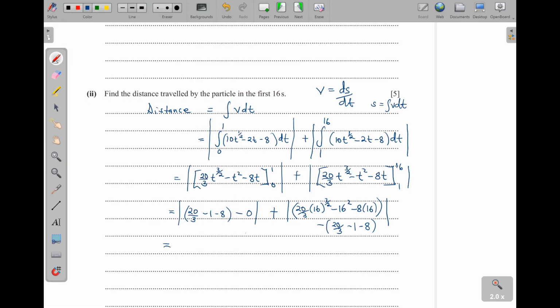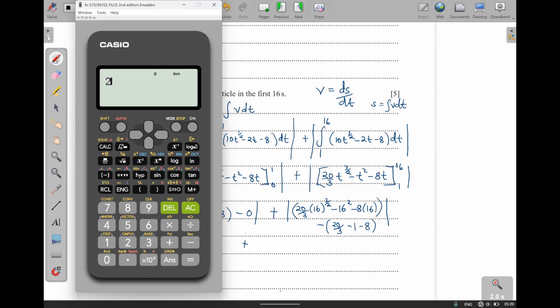So minus 9, this one gives us negative 7 over 3. So you see that here we have a negative, but when we put it in modulus, it is going to give us a positive value. 20 over 3, then times 16 power 1.5, then minus 16 squared minus 8 into 16.